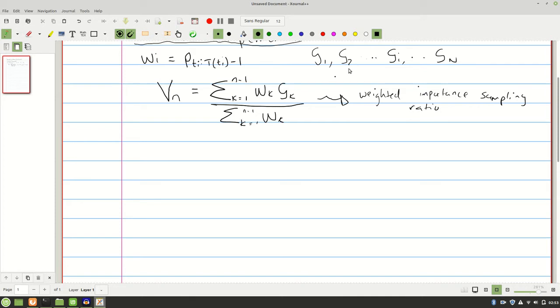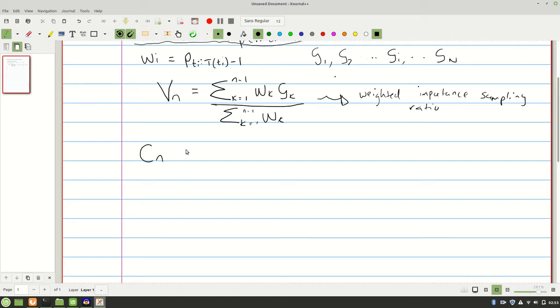But we don't actually have to wait until we get these values. We can use a more incremental approach to continuously update our value function for a particular state, using this importance sampling ratio. For us to be able to do that, first we need to denote a couple of things. The first thing I'm going to denote is something we call Cn.